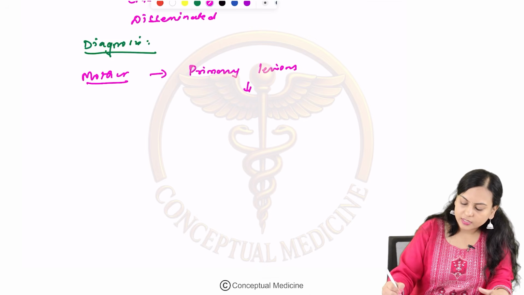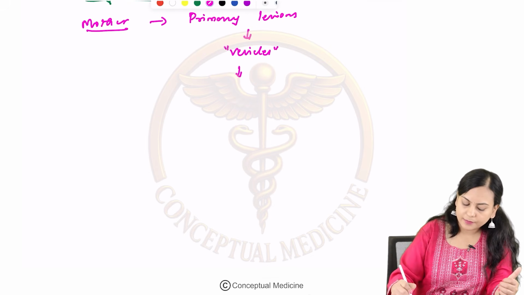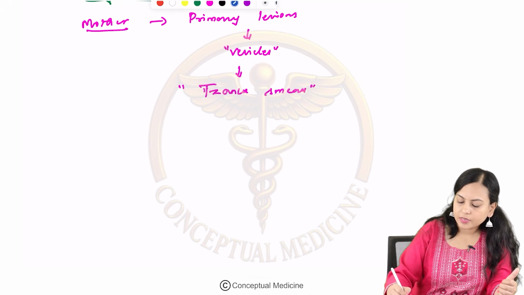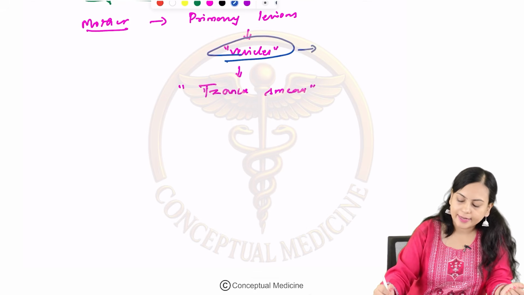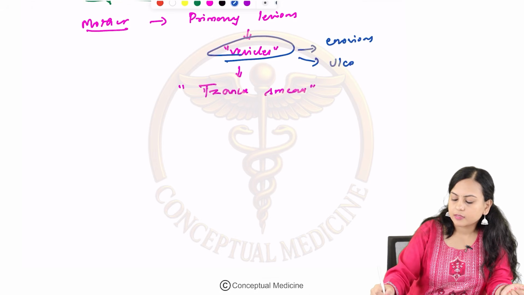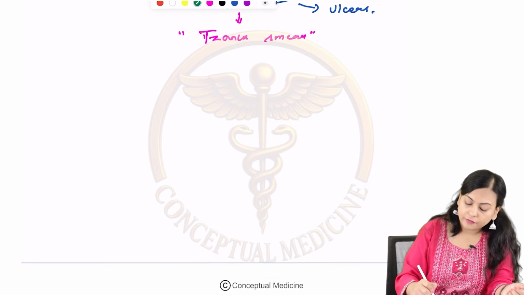So, what we will be doing is, we will be causing an erosion of these vesicles, okay, and then you will be taking the Tzanck smear, okay, and sometimes rupture of the vesicle, spontaneous or iatrogenic, can lead to erosions and ulcers. Yes, right.